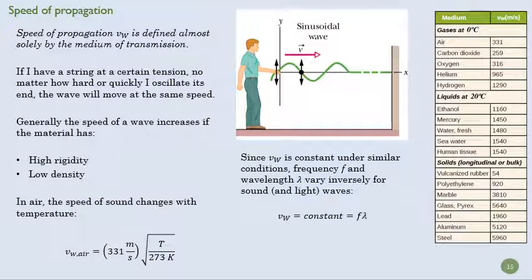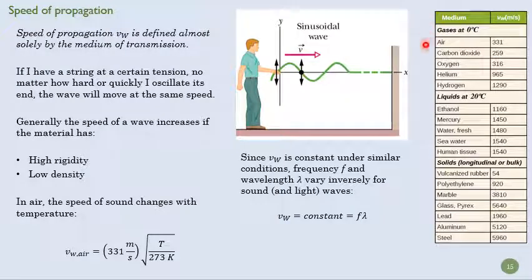And that's going to have to do with the tension of the string and the density of the string. And so it depends on what we call rigidity, basically how tightly together the molecules are packed, and low density is going to move more quickly because there's less mass to accelerate.